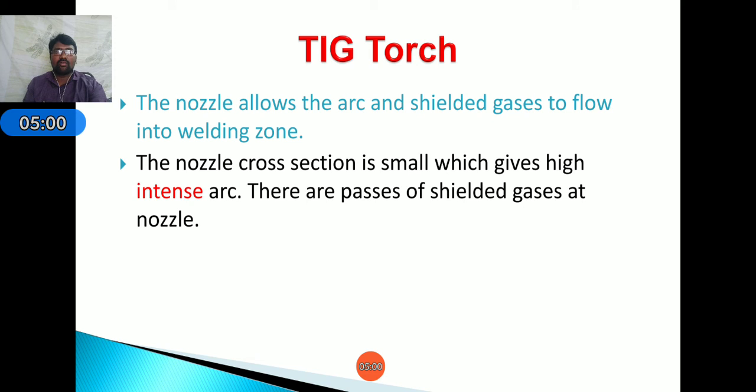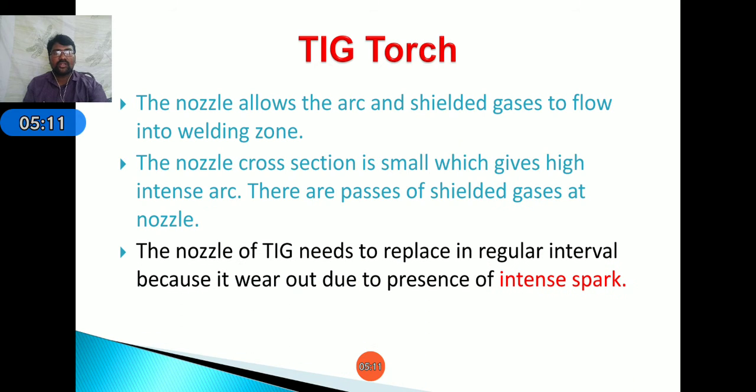The nozzle cross section is small, which gives a high intensity arc. The nozzle of a TIG torch needs to be replaced at regular intervals, because it wears out due to the presence of intense sparks.